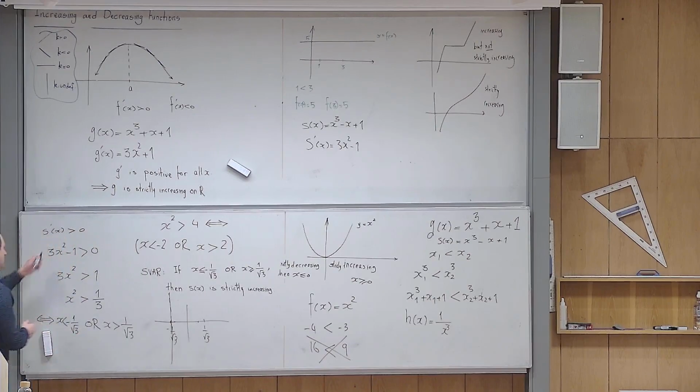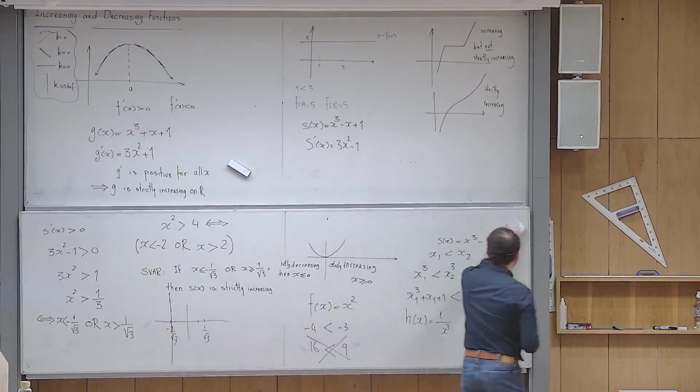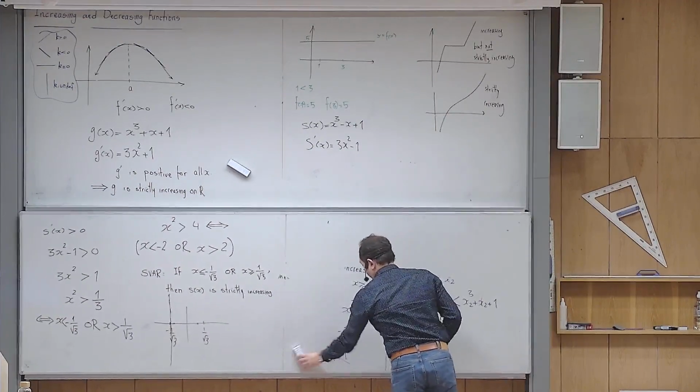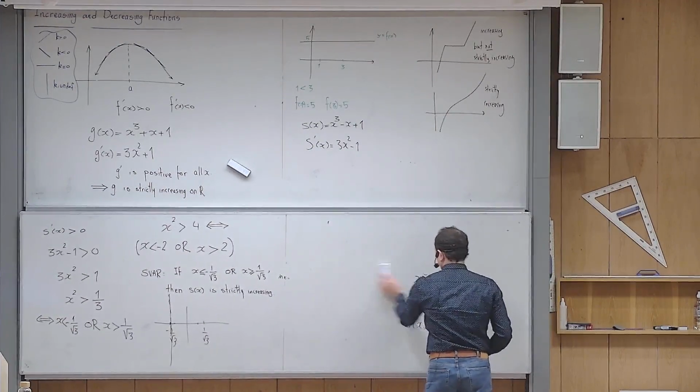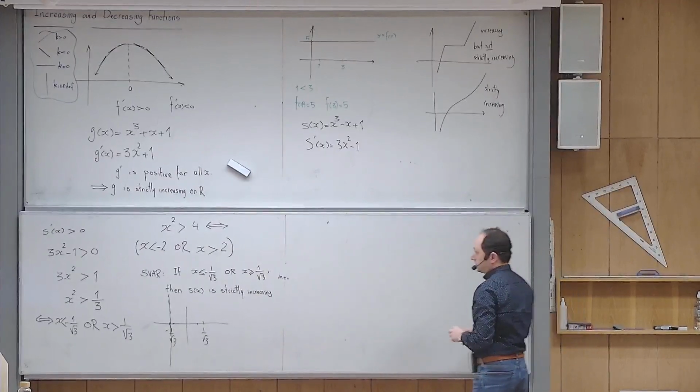But if I ask you the question where the function is decreasing, how do you answer it now? Okay, where the same function, where the function is decreasing? So where?